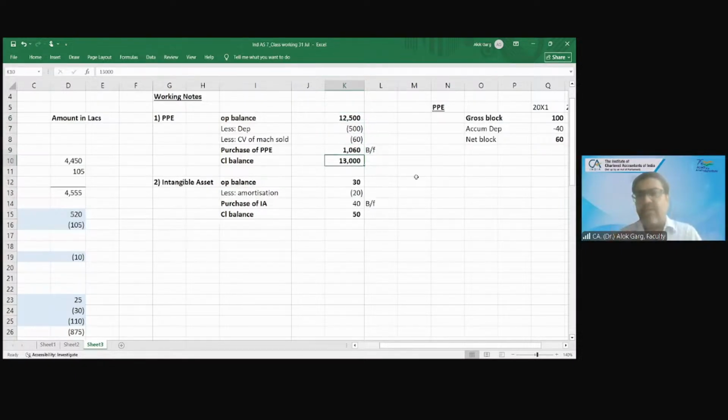But in this question, you have an opening balance of 12,500. You have depreciated 500 during the year. You have sold 60 rupees worth of PPE.